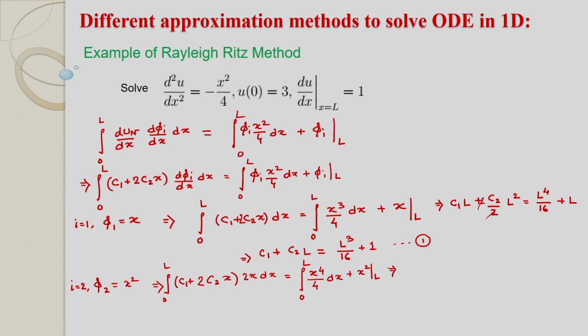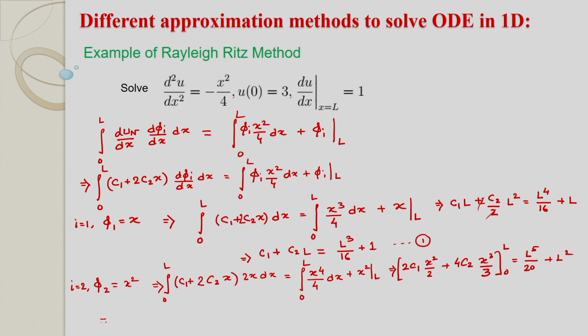So if you further integrate, this should be 2 C1 x square by 2 plus 4 C2 x cube by 3, 0 to L, equal to L to the power 5 by 20 plus L square.